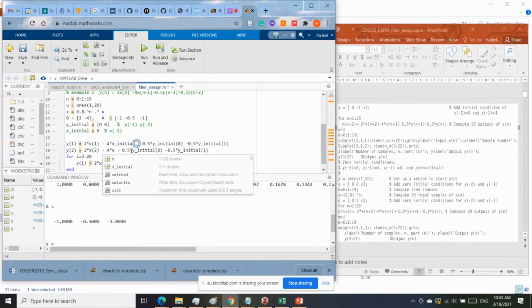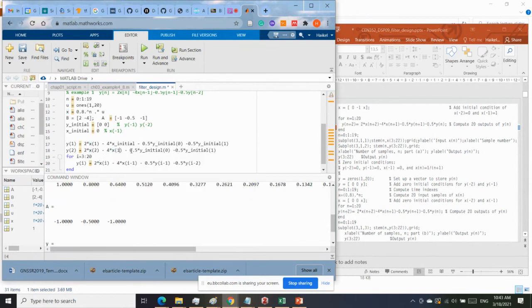Here it becomes x1, problem. This will be y of 2 minus 1, meaning y1, which we computed here. Very good.